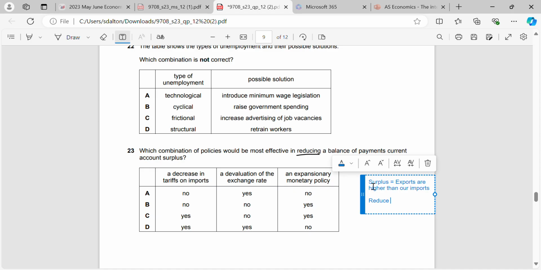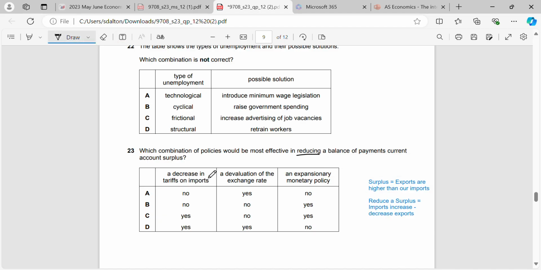So to reduce a surplus, therefore, what we're going to be doing is trying to increase imports and decrease exports.